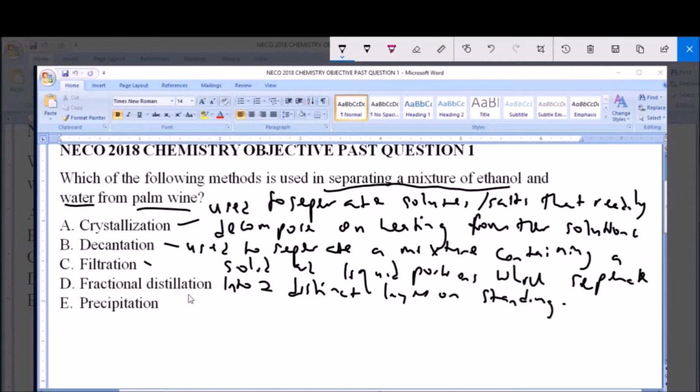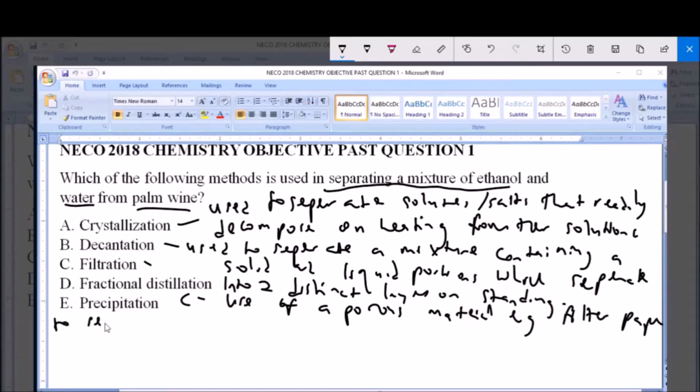Option C, which is filtration, involves use of a porous material such as filter paper to separate insoluble particles from liquids.